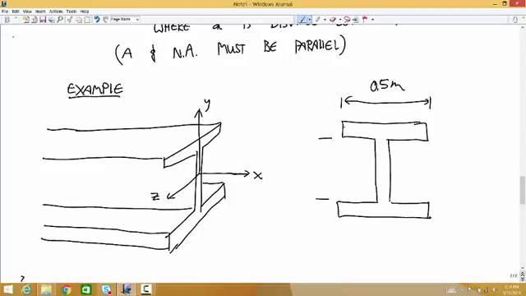Let's say the flange is 0.5 meters. The web is 0.5 meters. And let's say these are all 1 centimeter. I know, 1 meters, everything. Okay, the neutral axis is this.